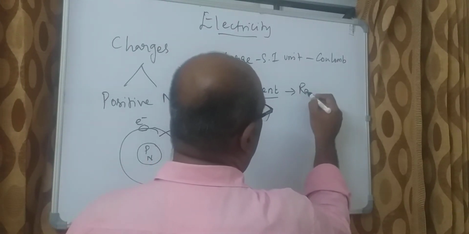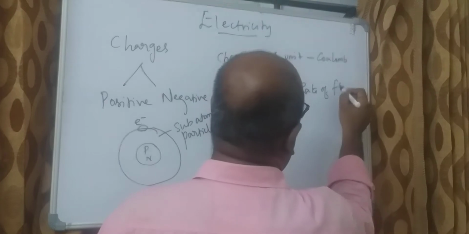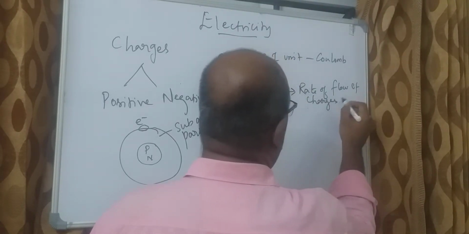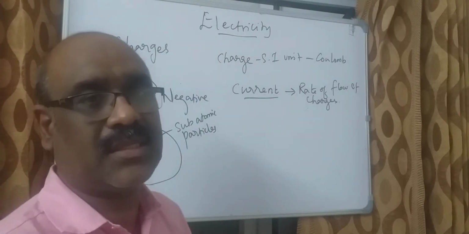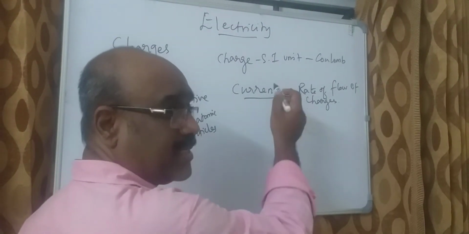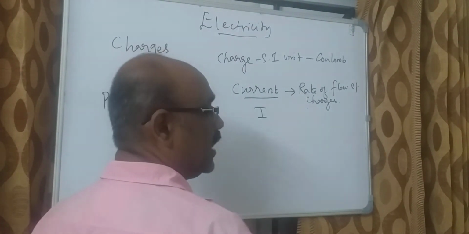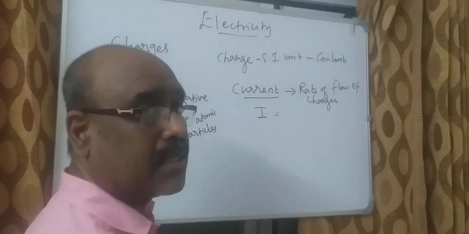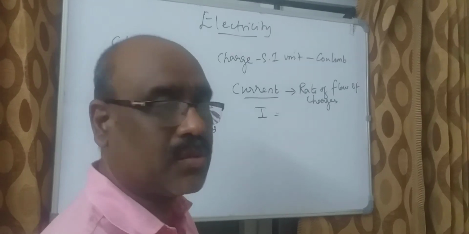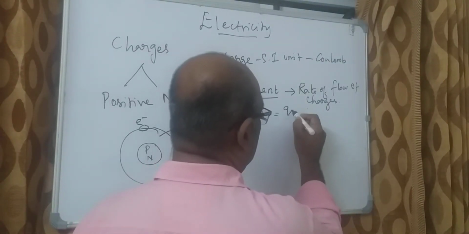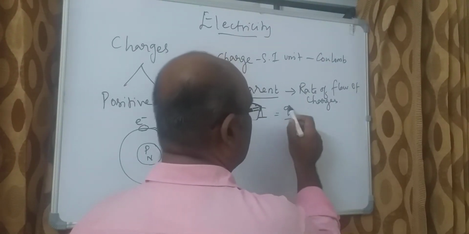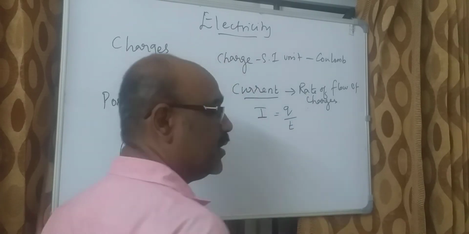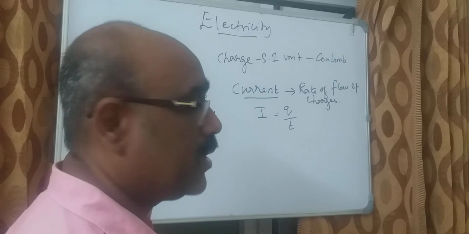Simply, we can write it in letters like this: I is the letter which denotes current. I is equal to Q divided by T. The rate of flow of charges is what we call current.